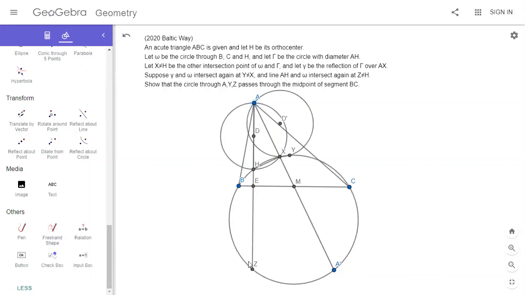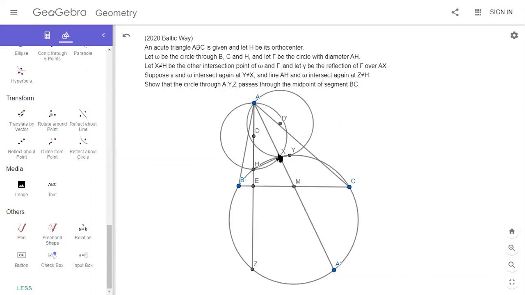AHZ or AHX equals XYA. Yeah, that's true. That's a good way to think about it. Since, I like that.